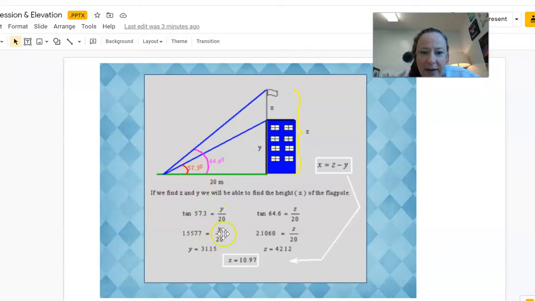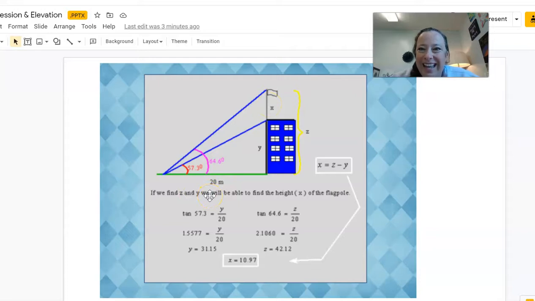And then we can figure out that y is 31.15. Then we can do the big triangle here and say tangent of 64.6 degrees equals all of z over 20 and figure out all of z. So you can get all of z is 42.12. All of y is 31.15, and to get x, you would just subtract the two.